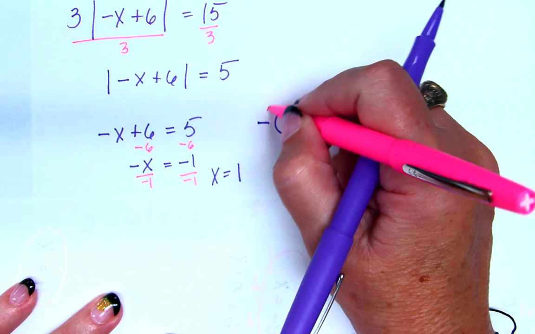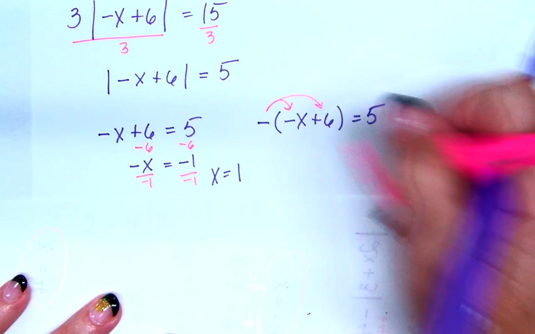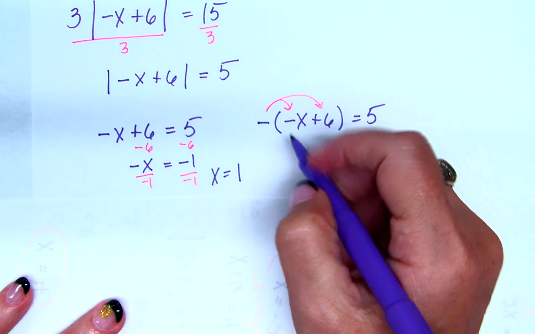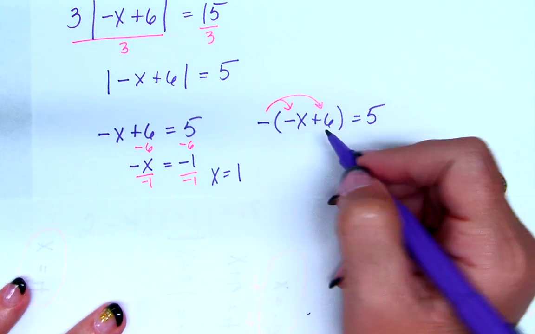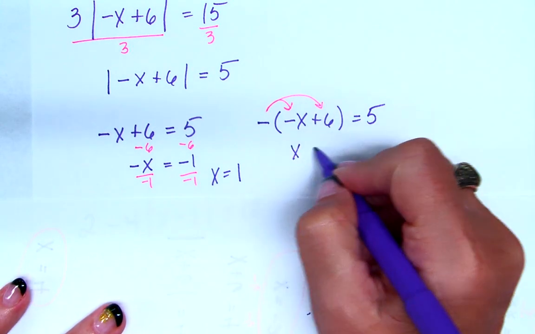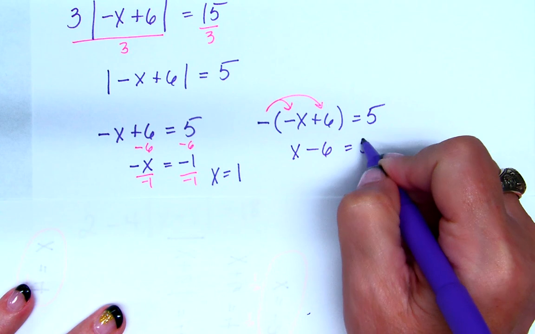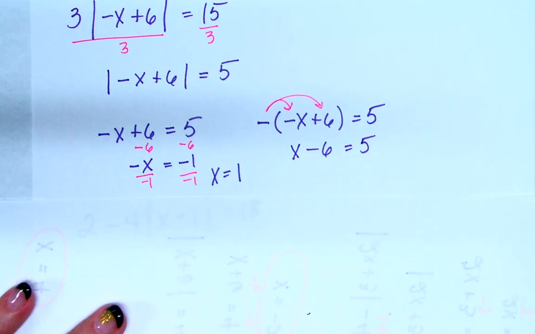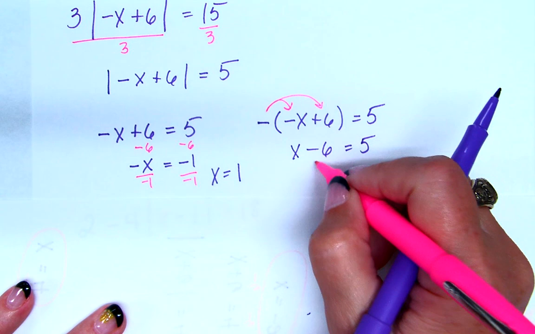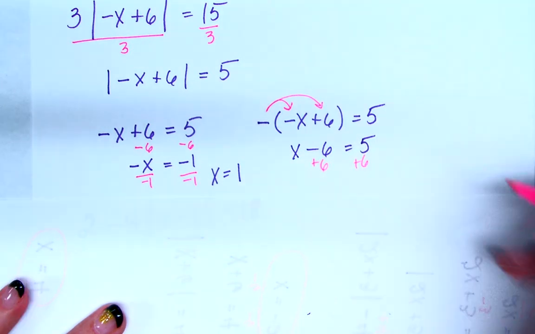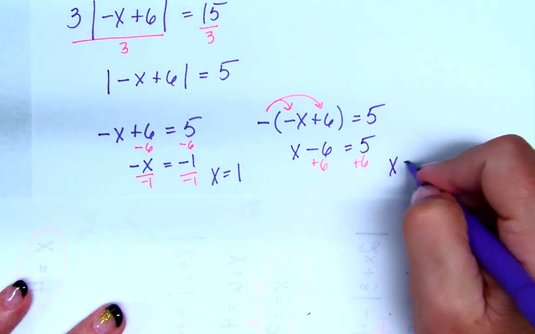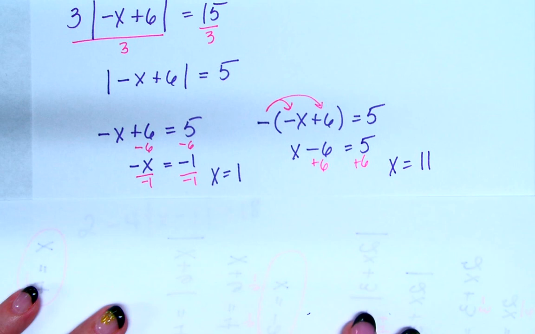So here, it's a wiser choice to distribute. Okay? Most of the time, it doesn't matter. But here, it's just a little wiser. It's a little quicker in the problem to do it that way. Add 6 each side. x equals?